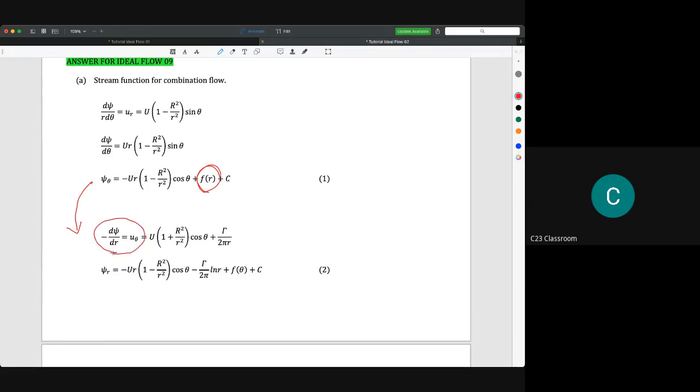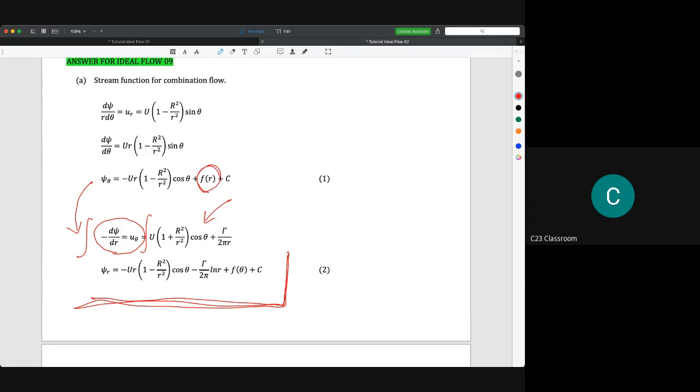If we differentiate with respect to r, it is equal to u theta, and then we could equate it with the value of u theta given in the question. And then we could integrate this term on both sides. So we have this term. Okay, I will just show you another method.